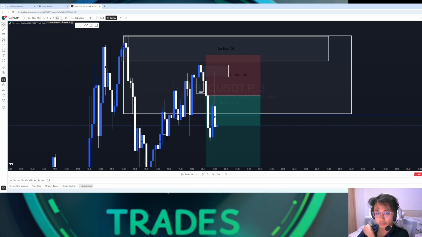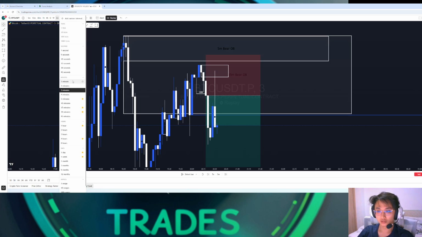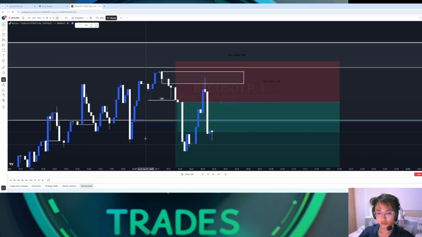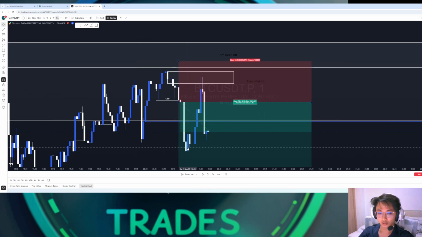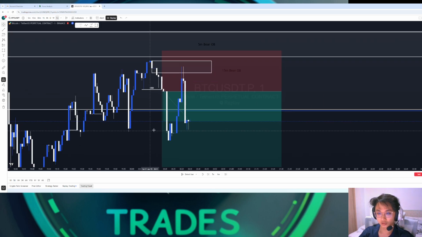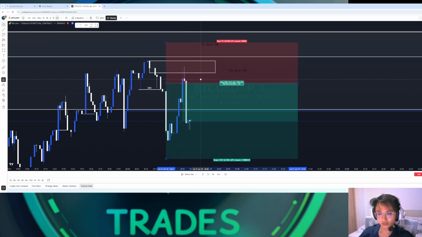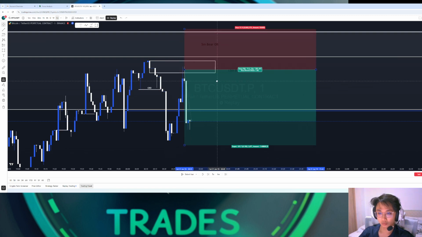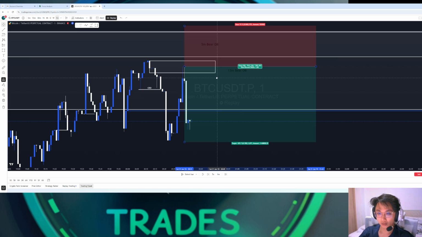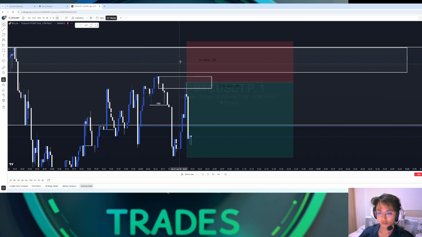CISD should be identified on the higher time frames. On 3 minute, you see there's a mitigation and price came up. We only have a few seconds to react on it. After the price comes up, we can enter because it came to the extreme. Now the RR is very good.